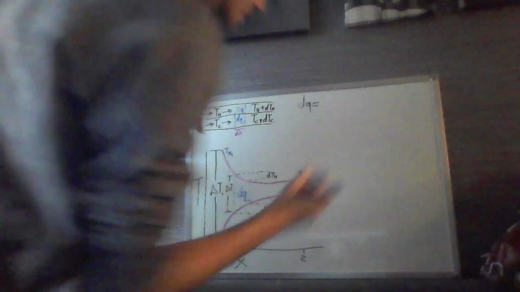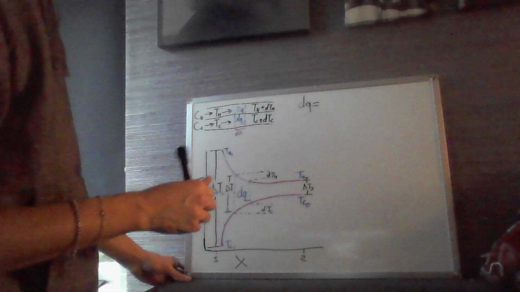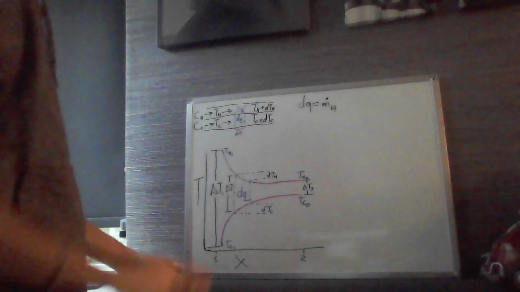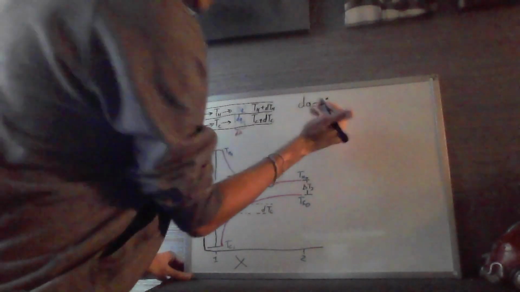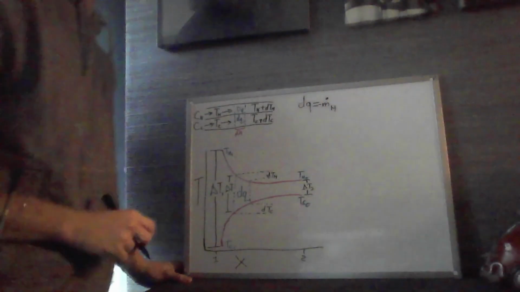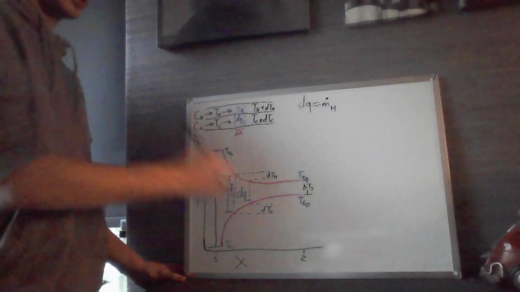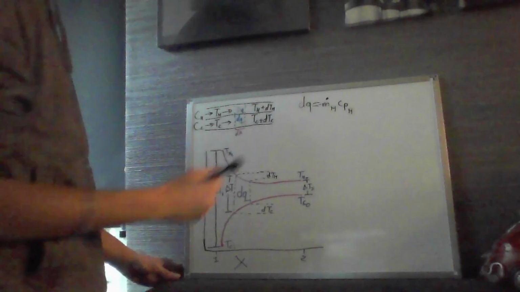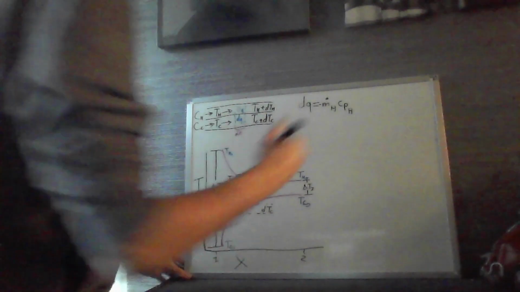So for the hot one, we would get the mass flow rate for the hot fluid, and we have to keep in mind that this should be negative because we're going from a high temperature to a lower one. So we're decreasing. And then we multiply it by the specific heat capacity of the hot fluid going through, and of course multiply it by dTH, the differential.